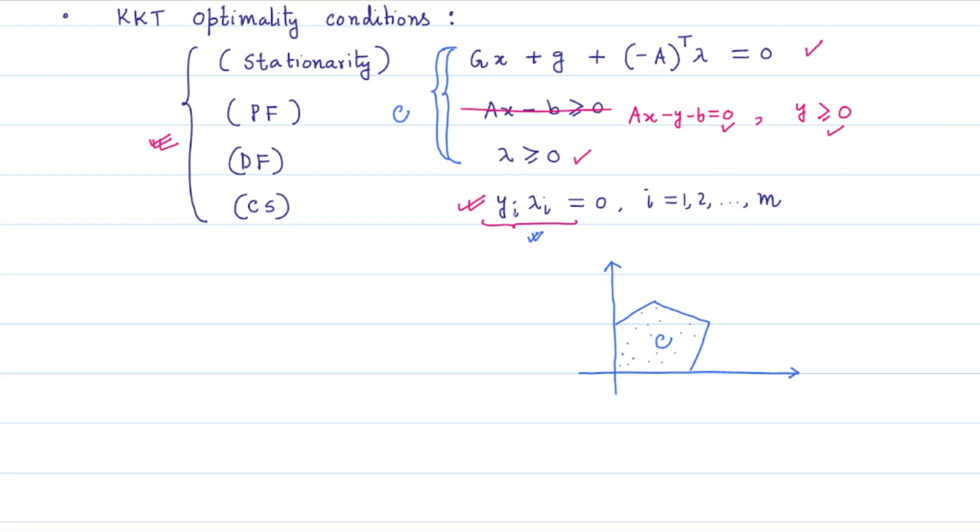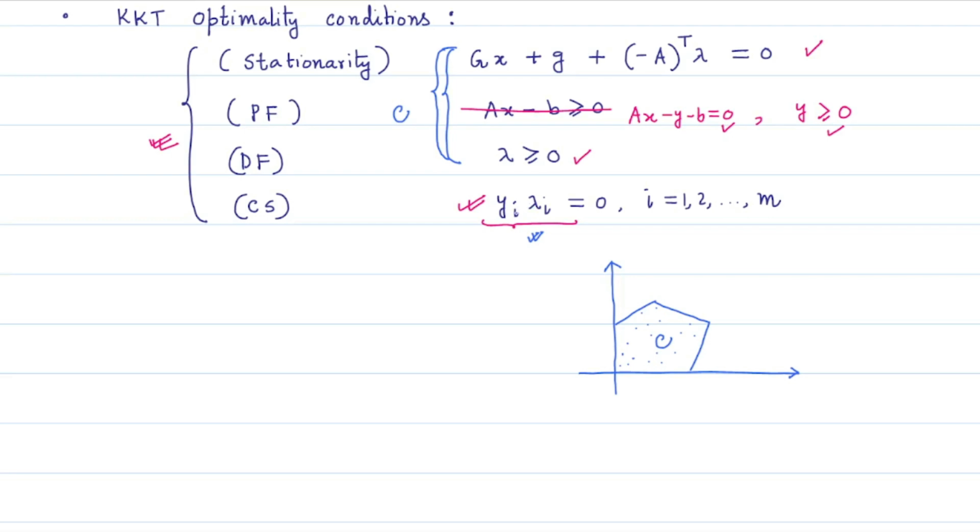That means you have only one constraint in the given problem. Then the complementary slackness condition has just one restriction, y1 times lambda 1 is equal to 0.